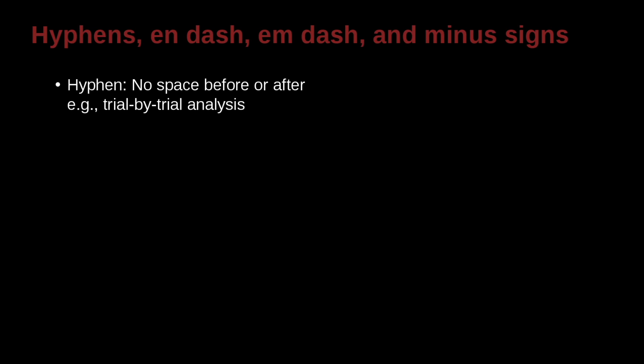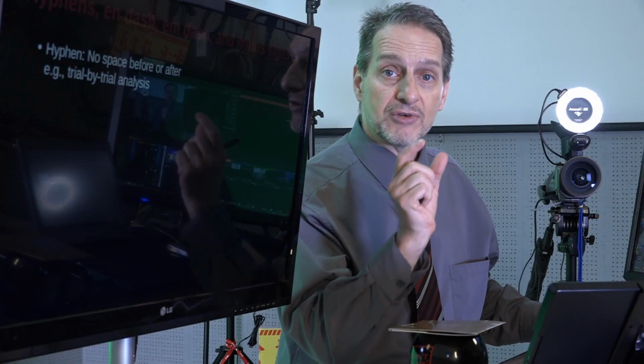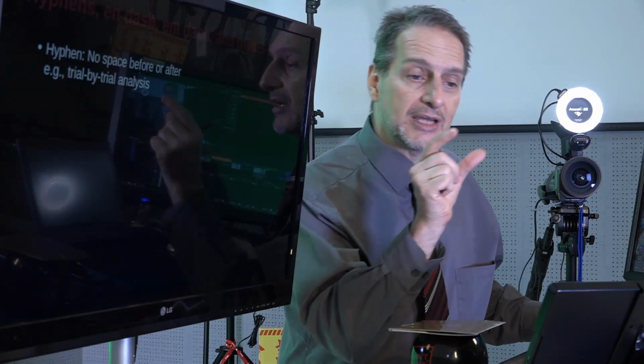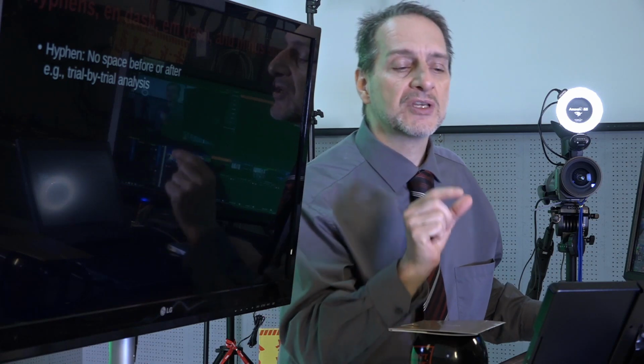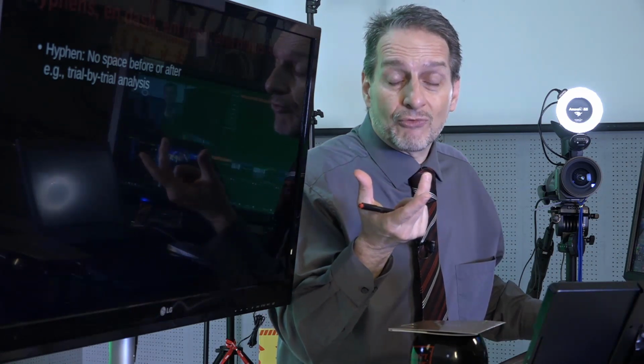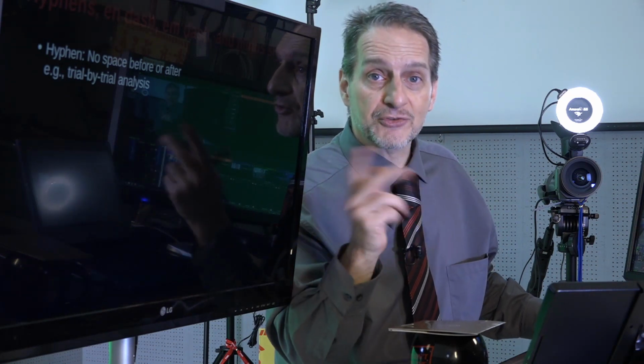And here is an example. We have trial-by-trial analysis. Boy, this stuff is confusing, isn't it? Trial by trial analysis. So I have a trial, then another trial. I'm trialing the trials, trial by trial. So in regular English, this should be kind of easy: a trial and then a trial.